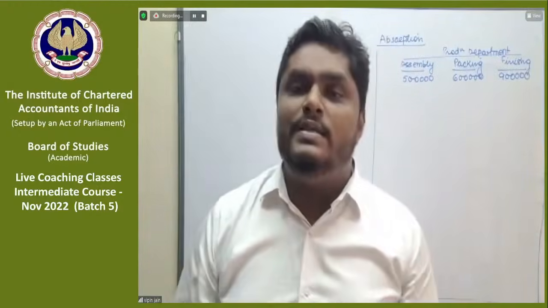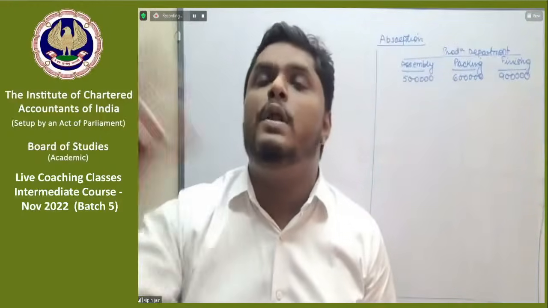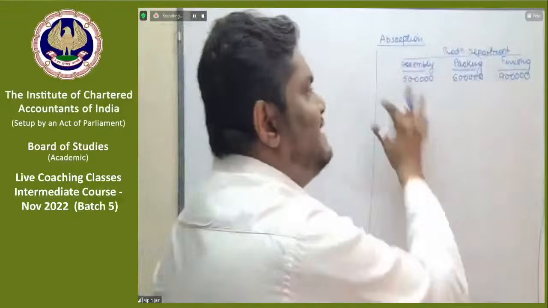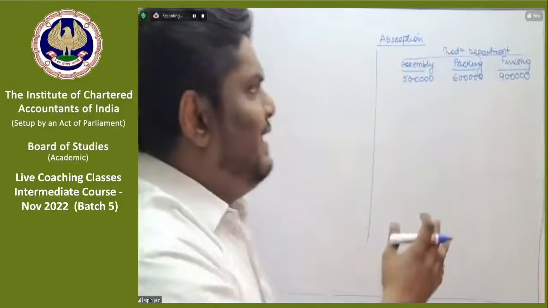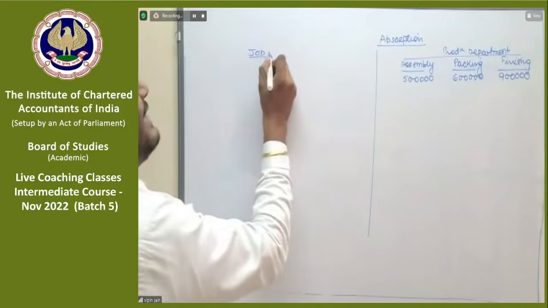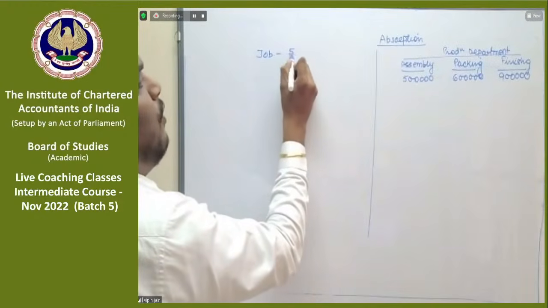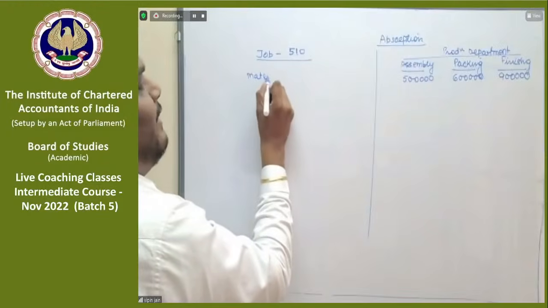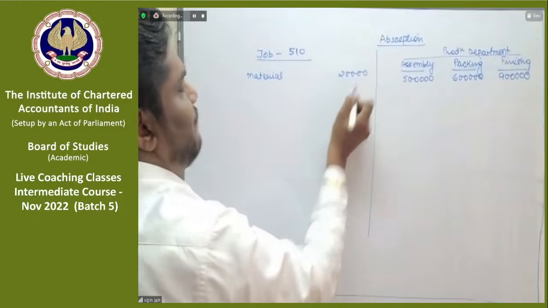Now, my point is how to first of all charge these overheads to a particular product to calculate the total cost of a product, or how to charge these overheads to a particular job to calculate the cost of a job. Let's say I have a job, job number 510, wherein I know very well that my material cost is, let's say, 20,000.